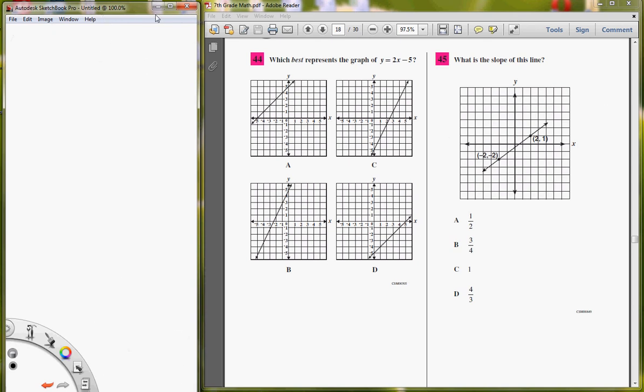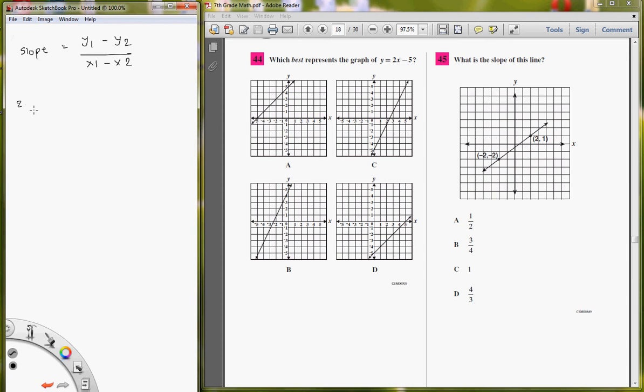Now let's look at question number 45. What is the slope of the line? There is an equation for that. Slope is equal to y1 minus y2 divided by x1 minus x2. In the first one, 2 and 1, so x is 2, y is equal to 1.